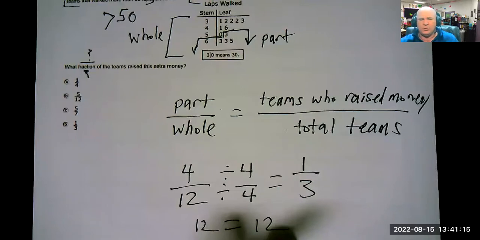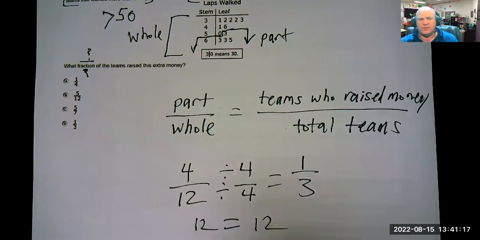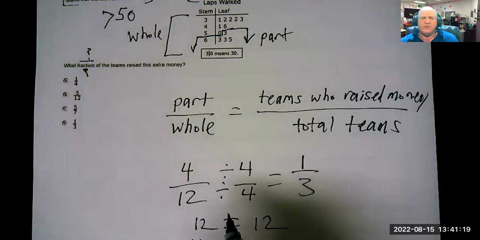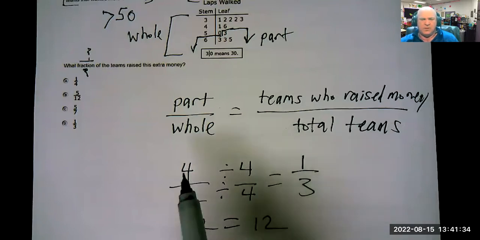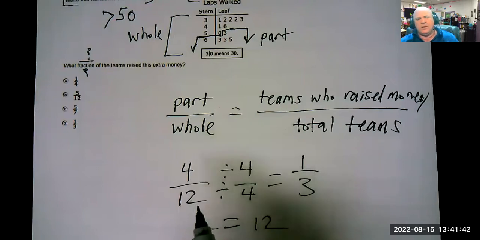I'm going to show you 3 different ways to solve this. Step 1, do the division property of equality. 4 divided by 4 equals 1. So basically you're just dividing by 1, but you're dividing by a common multiple of 4 and 12. Well, the number that I can use is 4.